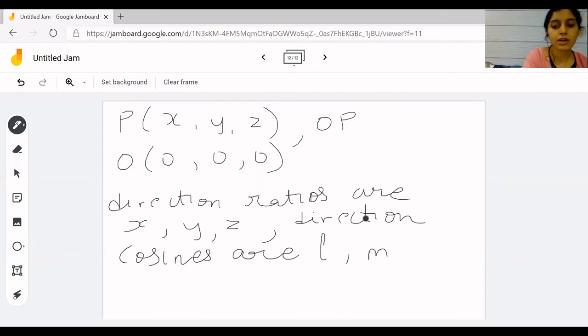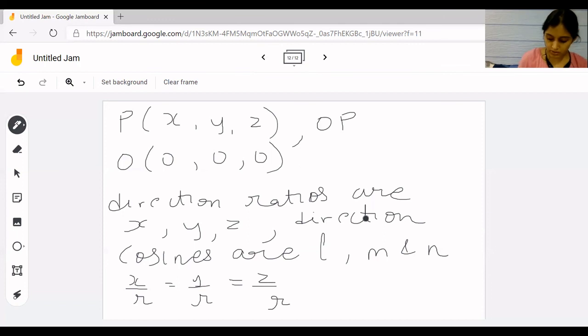L, M, and N. Then we can write that X upon R is equal to Y upon R is equal to Z upon R. Now what is this R?